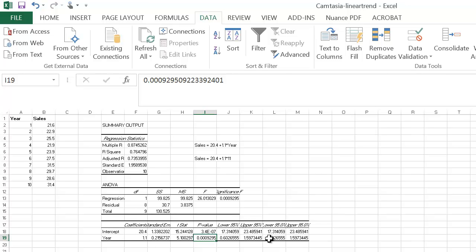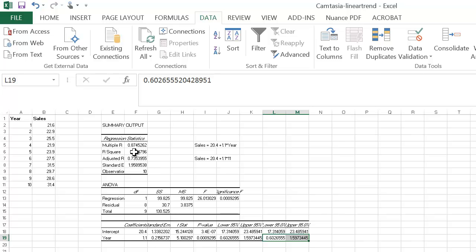And if I look at the 95% confidence interval over here, you see that we are 95% confident that the true trend lies between 0.6 and 1.59. In other words, that range does not include 0. So I'm very, very confident that we have a trend here. And the estimated value here, the point estimate is 1.1, and that's the value we would use.